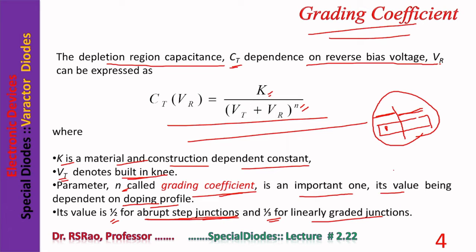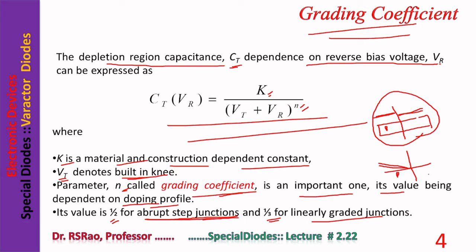Another type of impurity addition is there. In this case, the impurity concentration is made such that it increases from the junction towards the end in a linear manner.